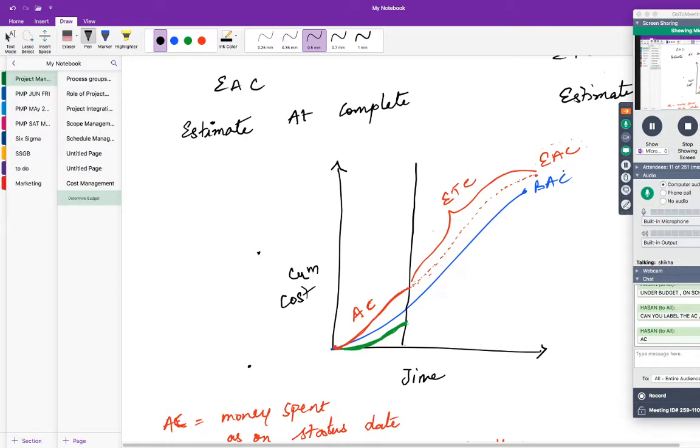EAC, correct? If you forecast the ETC, then you add that ETC to your actual cost, and you get EAC. You understand? Till this point, we will see later how to find out ETC. But as of now, is it okay?